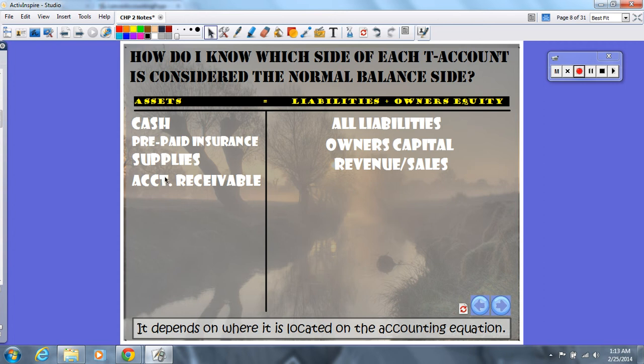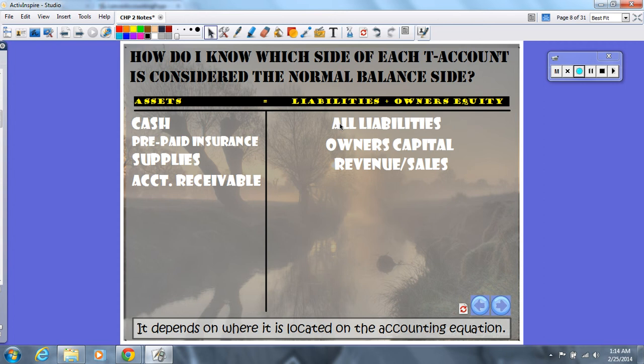They're all located on the left-hand side of the accounting equation, which means that the left-hand side of the T account for each of these accounts is the side that increases, or the normal balance side. So for these four, debit is going to be the normal balance side, and the side opposite of that will be the side that decreases.